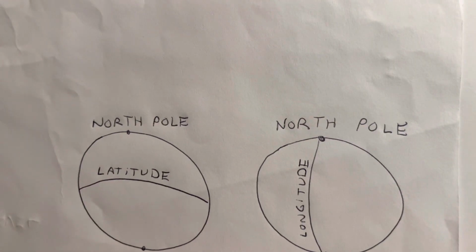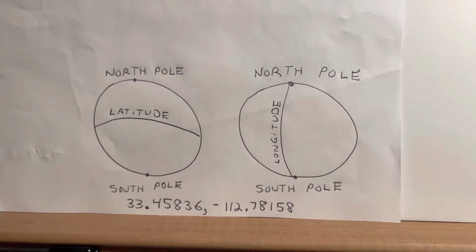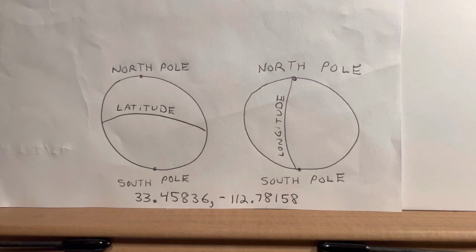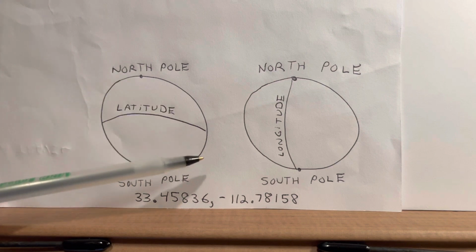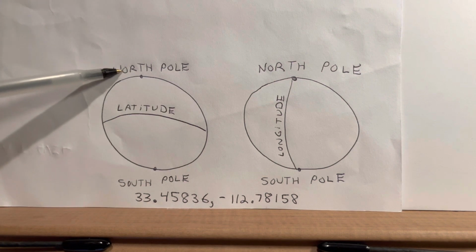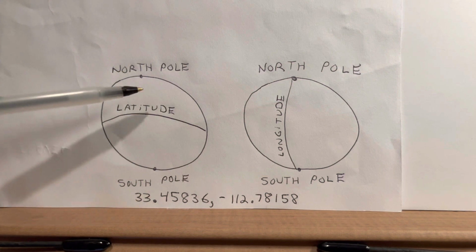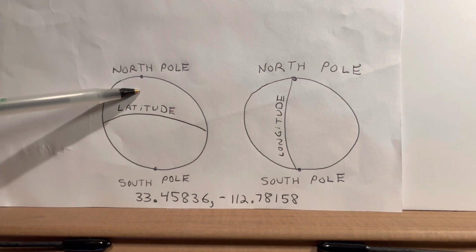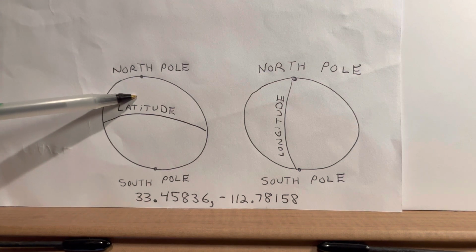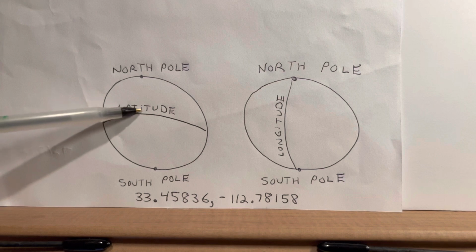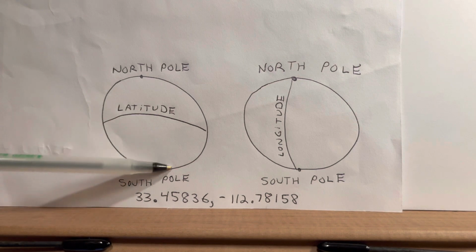So now, what are GPS coordinates? I'm going to back this up a little so we could see it good. Okay. So, pretend that this is a globe of the Earth, and this is the North Pole and the South Pole, and like Canada would be up here, United States would be about there, Mexico would be there, and then South America would be down here.